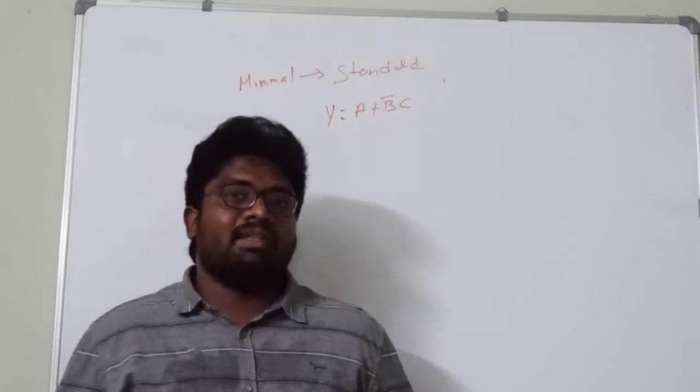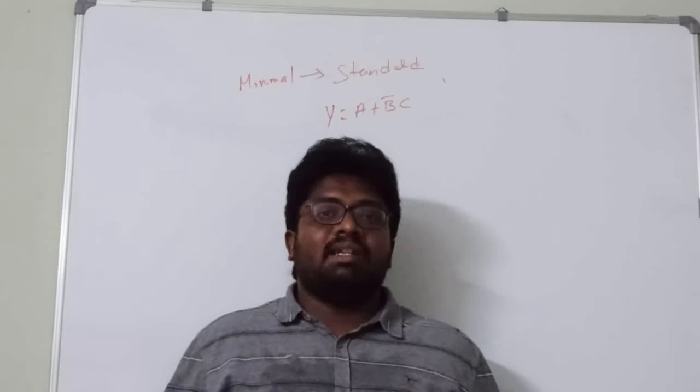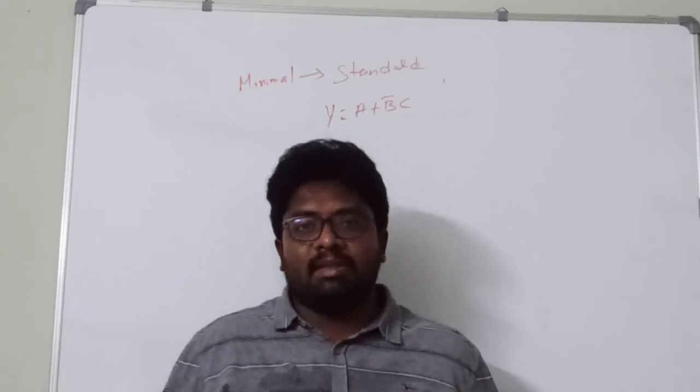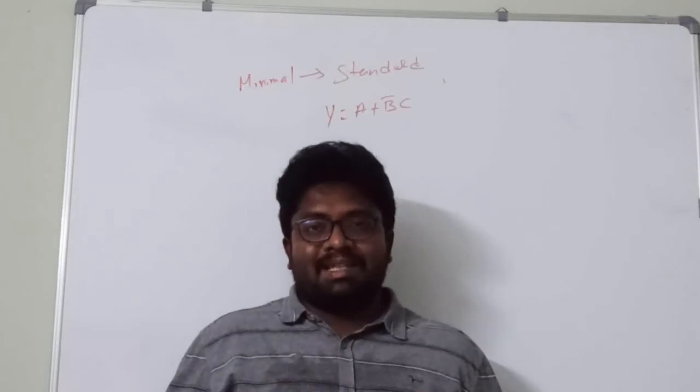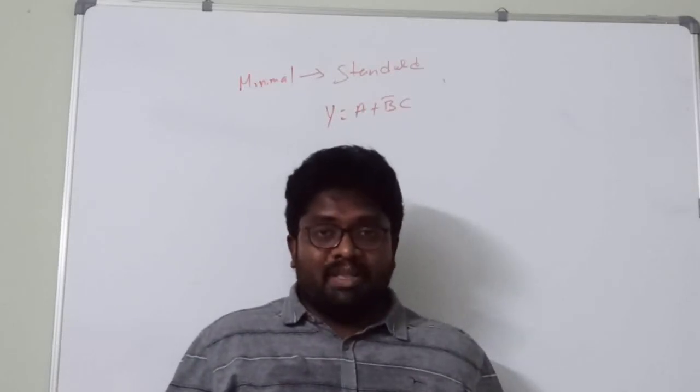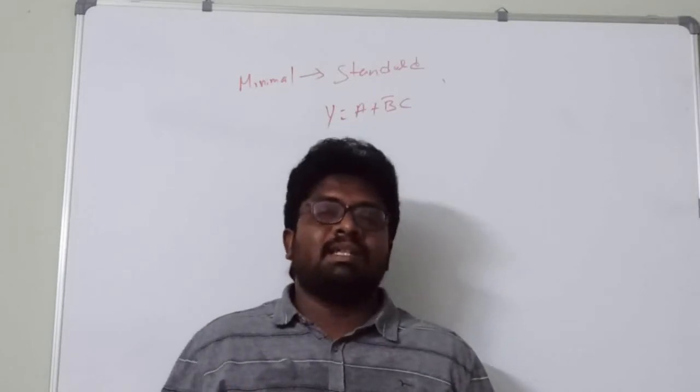So here we are having some steps. The first step is that we need to identify how many variables are present in the given function. And the second step is to find what the missing variables are in each term, that is each min term or each max term.